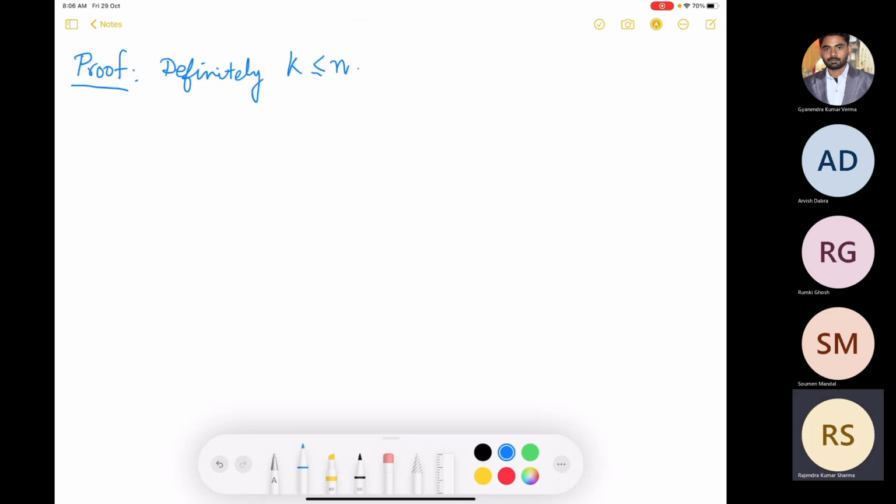Since the dimension of V, say n, is finite, the dimension of each subspace will also be finite.